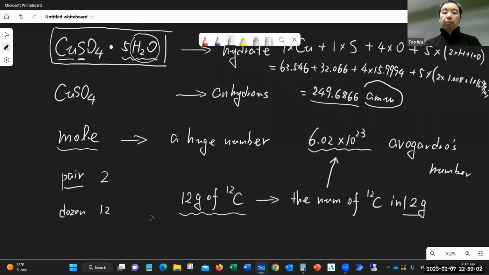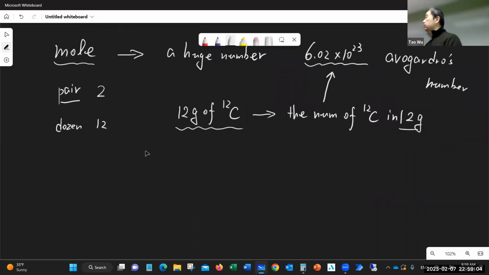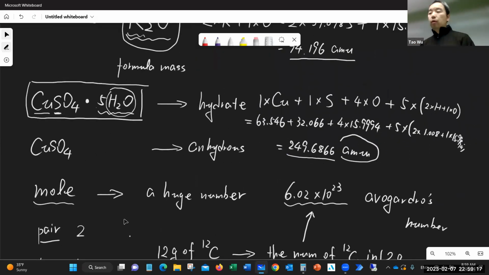So the beauty of the mole, the beauty of the Avogadro's number, is this: if we talk about one single molecule of this hydrate, copper II sulfate pentahydrate, it is 249.6866 AMU.